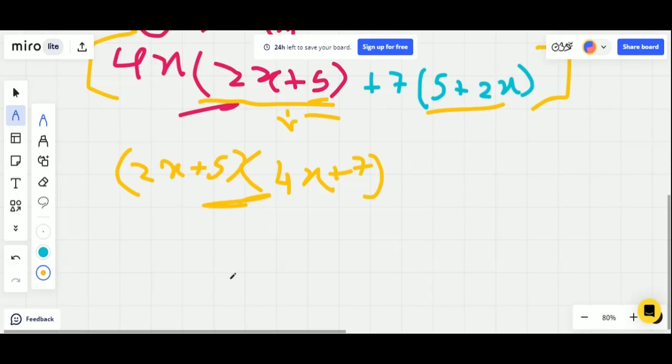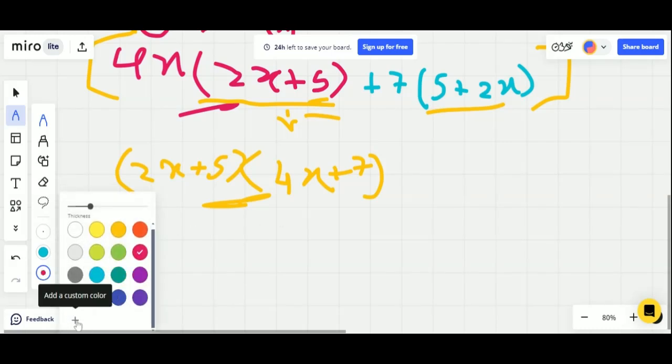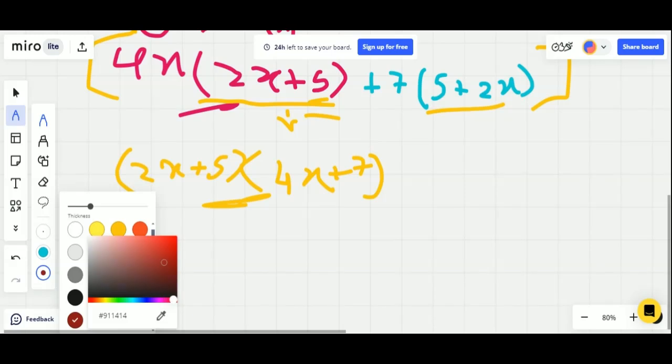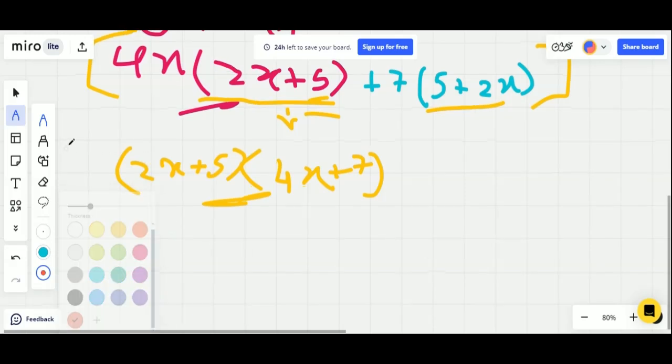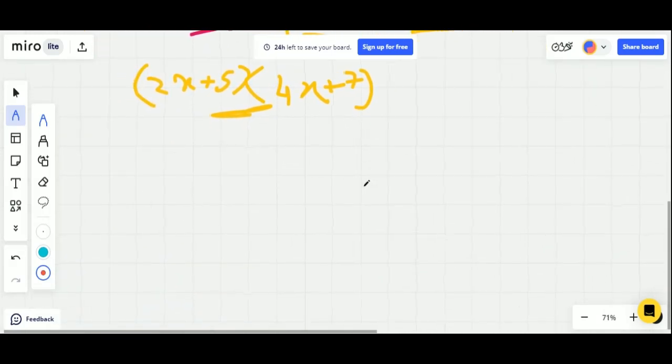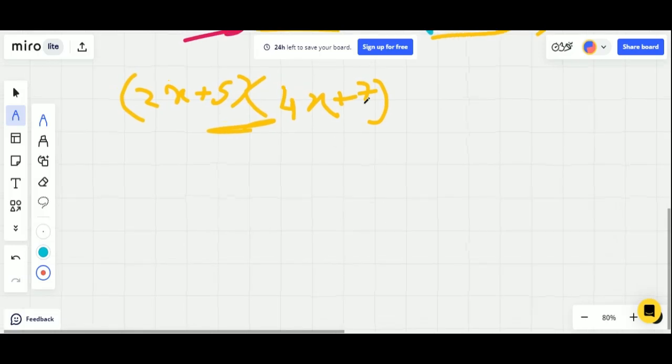Now this is factorization. Now how would you expand? What is expansion? To explain expansion, I got the factorized form 2x plus 5 into 4x plus 7. Now for expansion, I will expand this and you'll understand it.